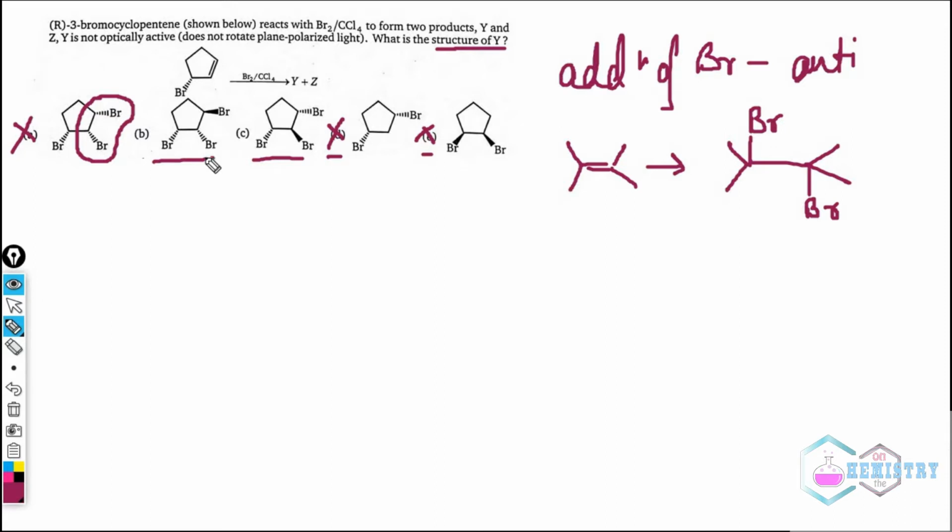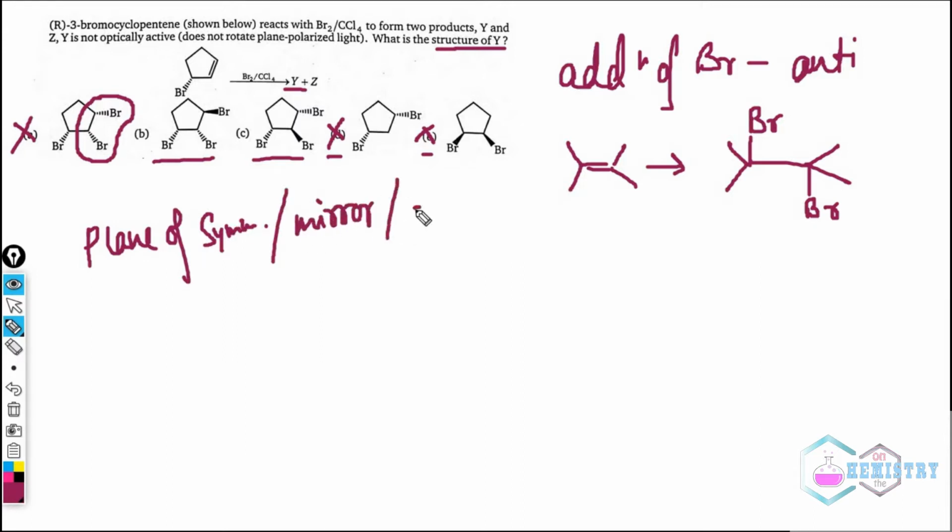Now if Y is to be optically inactive, it must possess a plane of symmetry, that means a mirror plane or a sigma plane. In this compound there is no sigma plane. We can clearly see that if we try to draw a sigma plane, this bromine is above the plane and this bromine is below the plane, and hence the sigma plane will not hold.